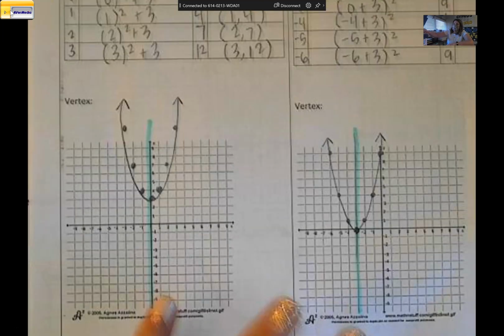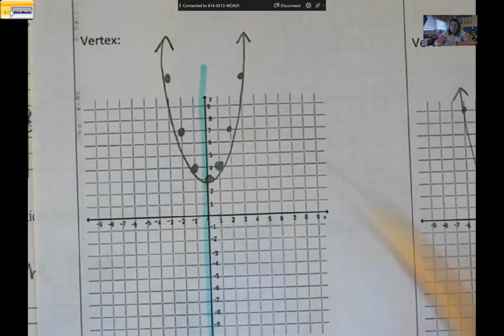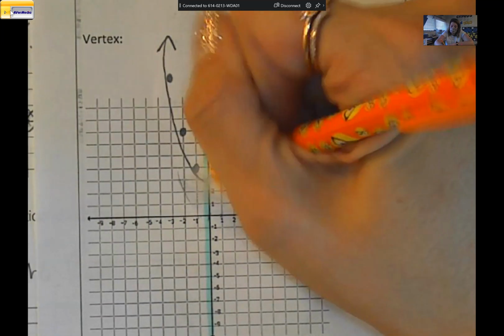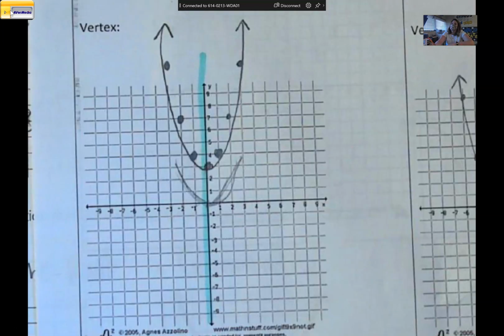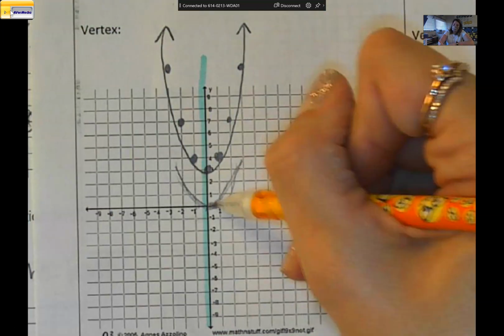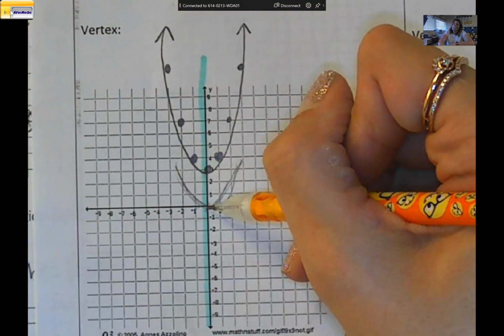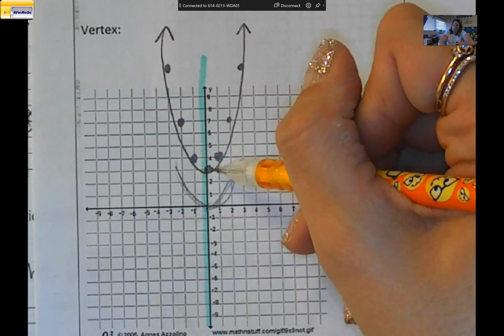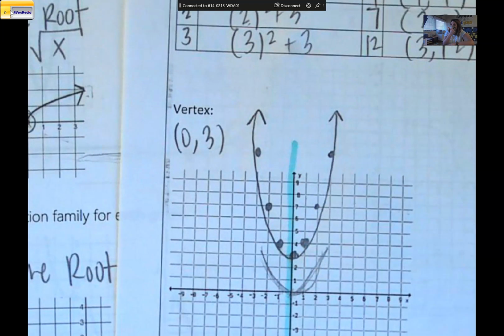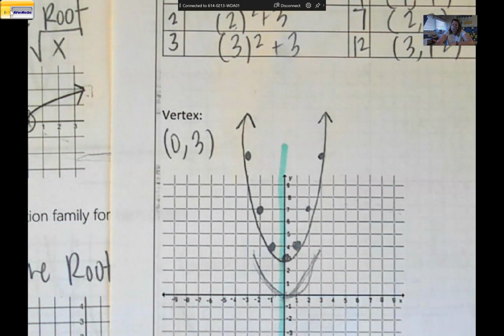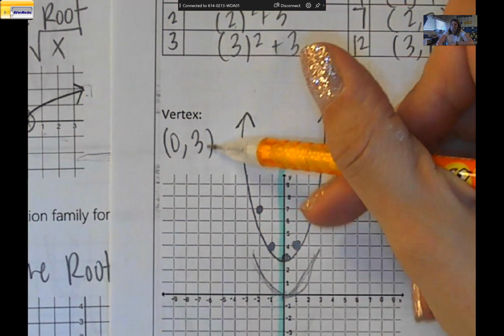This first one on the left is in the family. The parent is usually down here at 0, 0. So what we did was we took the parent function and we shifted him up by 3, so that his vertex is now at 0, 3. Instead of being at 0, 0, we moved him up.